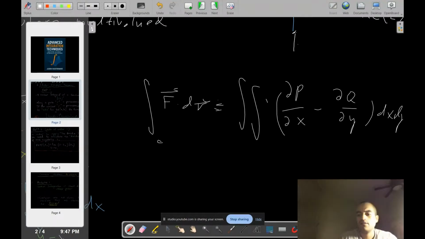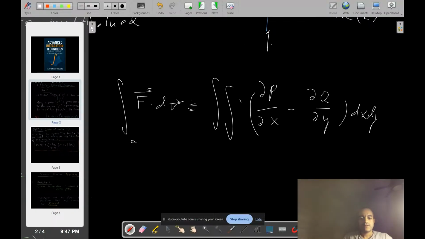Since the line integral of F dot dr is equal to this, you can use Green's theorem to solve it.